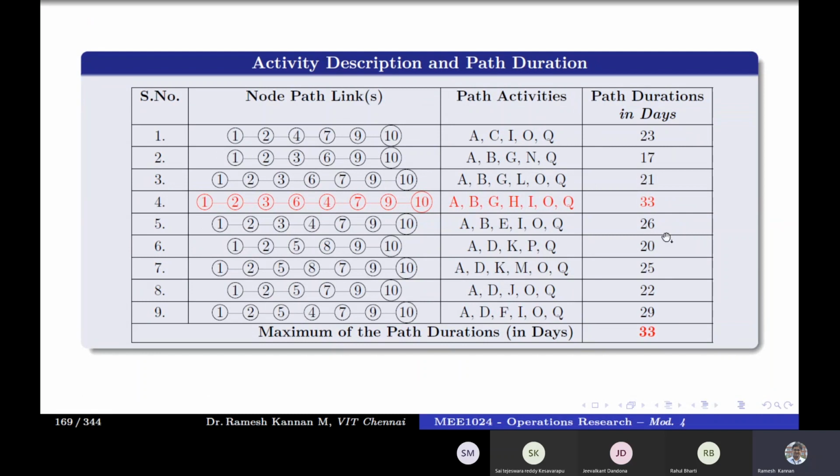Supposing a path has a duration of 32, it is almost critical, not being the critical path only because of the 1 day shortage. In actual practice, if you delay one activity in that path by 1 day, it will become a critical path.